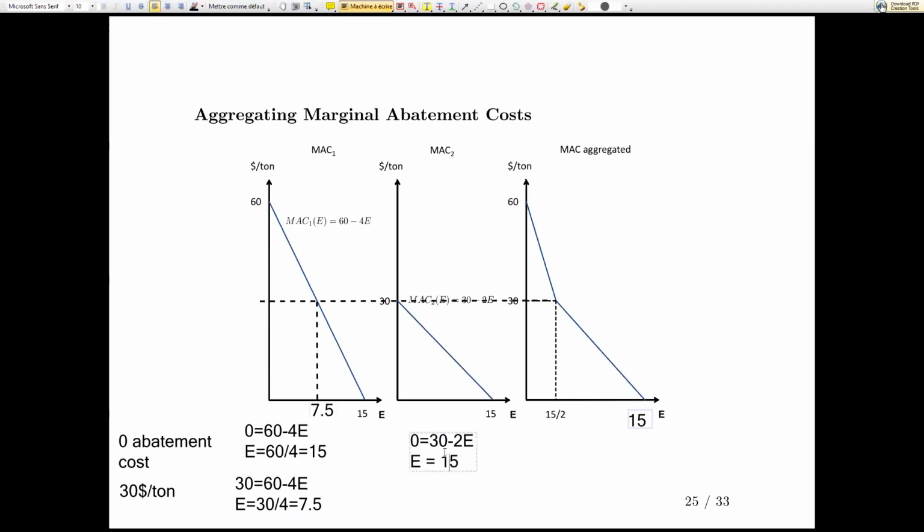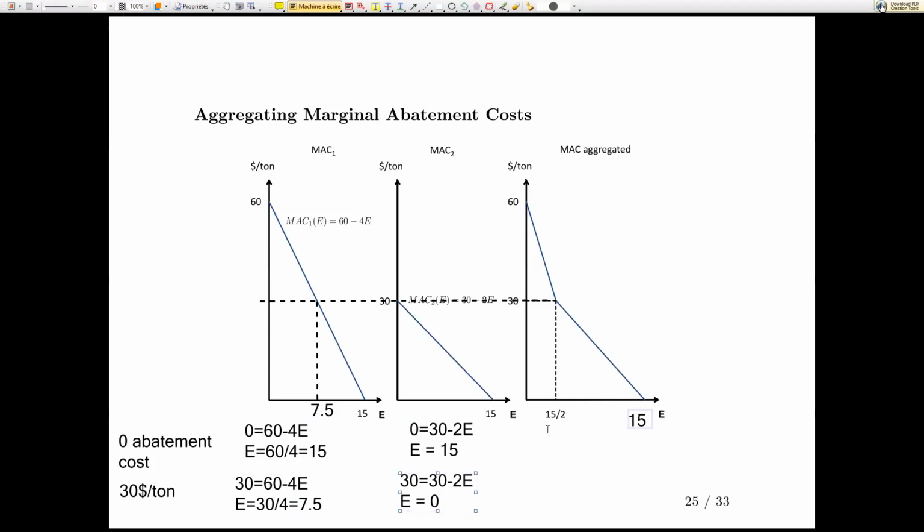And now let's look at the second one. Should be 0, but just to be sure. So I set this to 30, equals 30 minus 2e, yeah, I find that e equals 0.